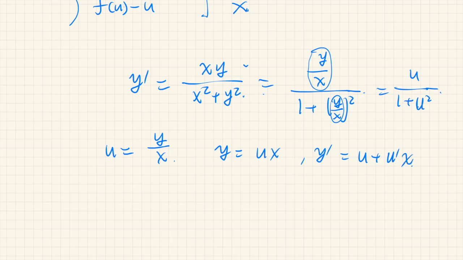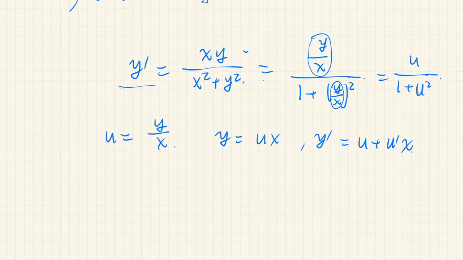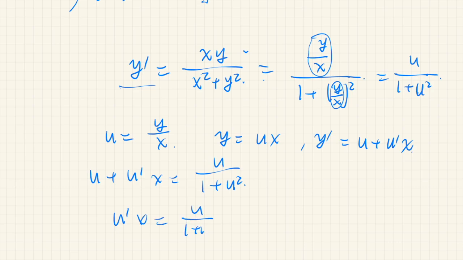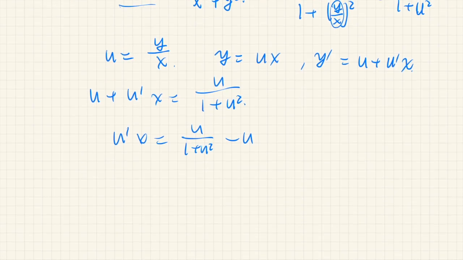So just replace this y prime here, and we have u plus u prime x equal to u over 1 plus u squared, and u prime x is equal to u over 1 plus u squared minus u, and let's simplify a bit.